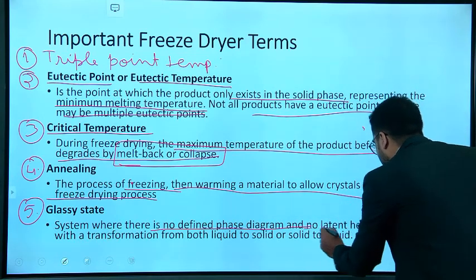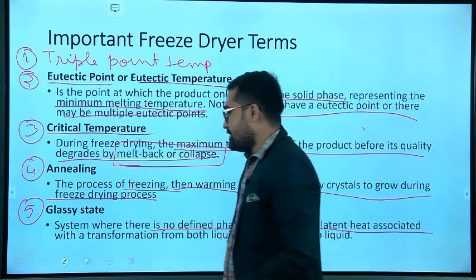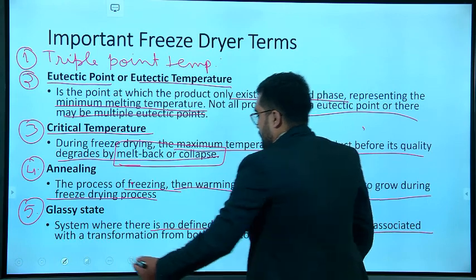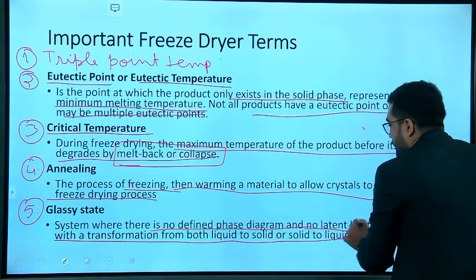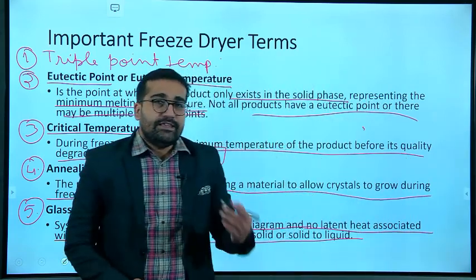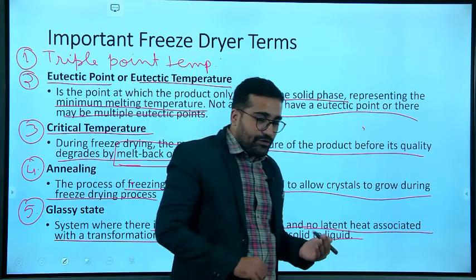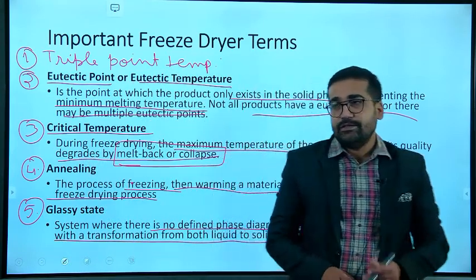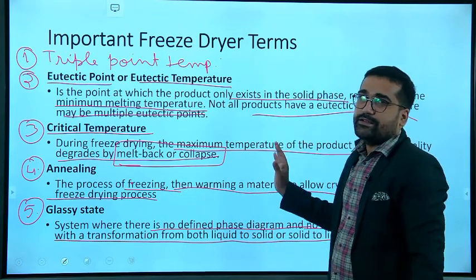So, at this stage no latent heat is associated with the transformation from liquid to solid or solid to liquid. Like what happens generally when we do not achieve glassy state, when we are melting our product or when we are freezing our product.